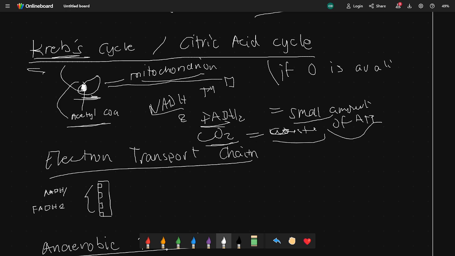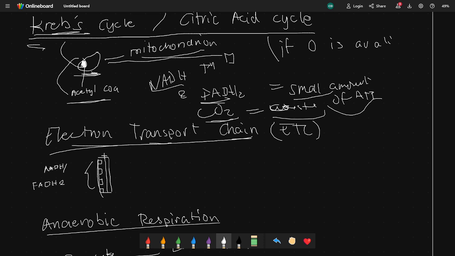Lastly is the final stage, the electron transport chain, also known as the ETC. This takes place along the inner mitochondrial membrane. All the NADH and FADH2 are on the left side of the mitochondrion, which I drew as a vertical rectangle. As electrons move through a series of proteins, protons, the H+ ions, are pumped across the membrane, which creates a gradient.